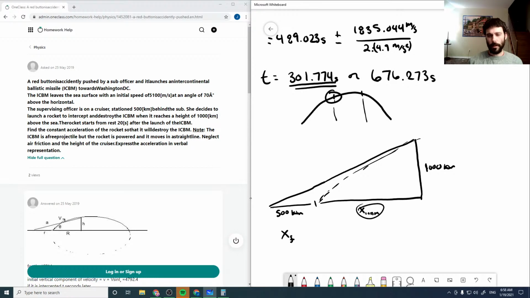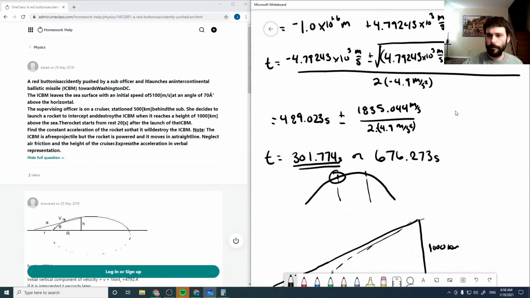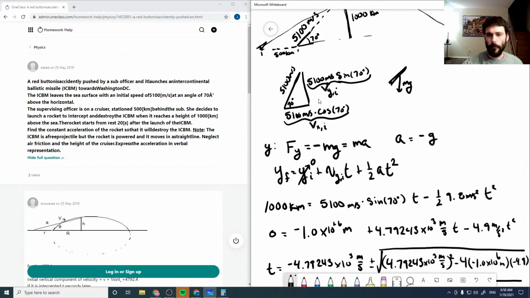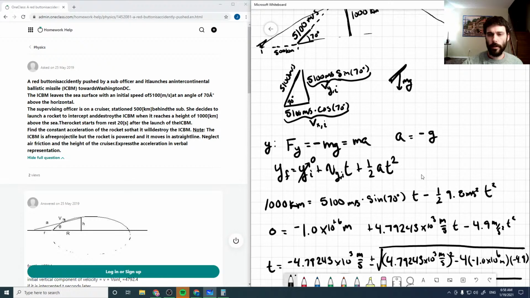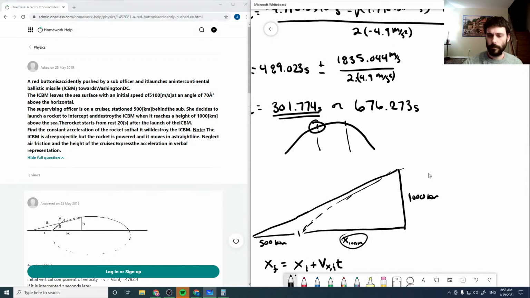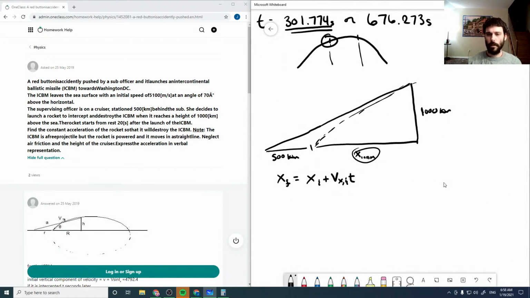So we can use kinematic equations again. So xf is xi plus vxi t. And recalling from our triangle above, our vxi is just 5,100 times the cosine of 70. And our xi is just going to be 0. So it's just 5,100 meters per second times the cosine of 70 degrees times our time.